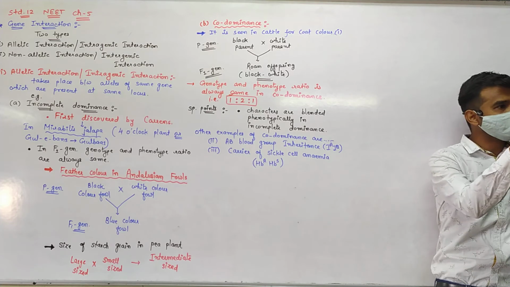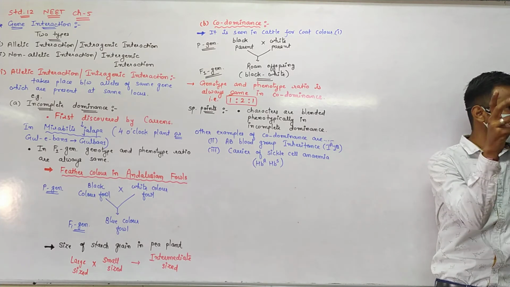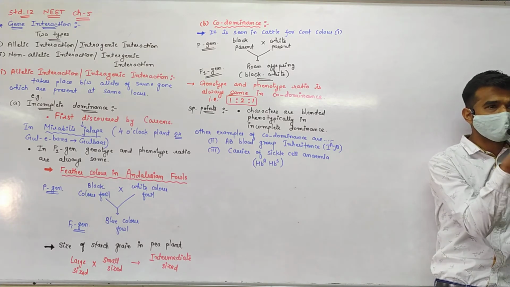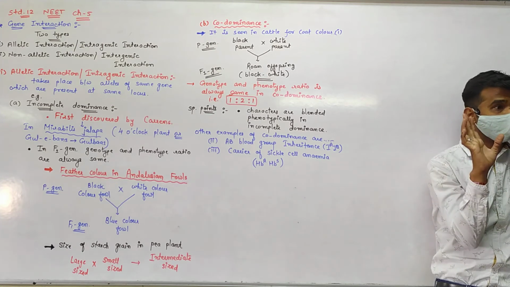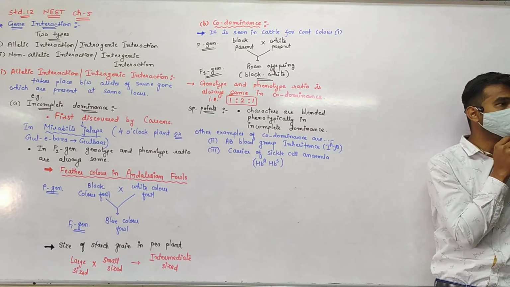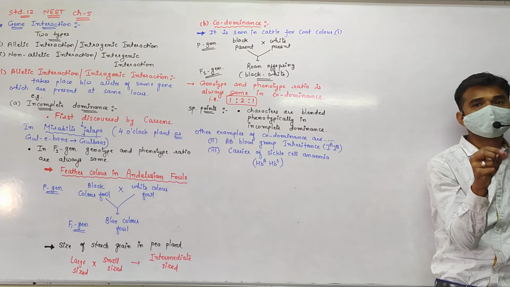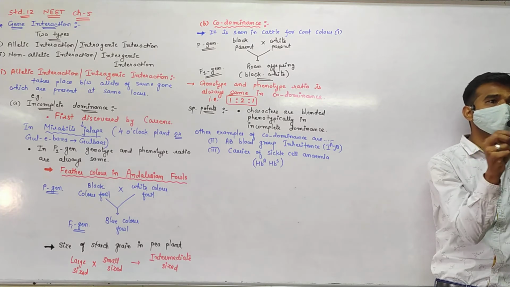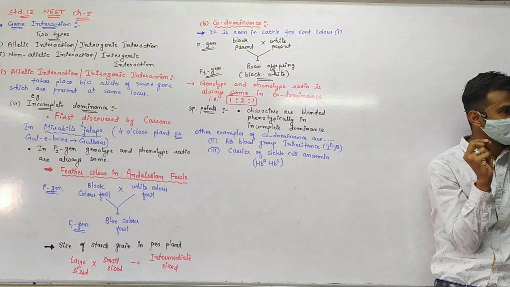And ploidy is divided into two groups, euploidy and aneuploidy. Euploidy is a change in the number of the chromosomes of one pair itself, one pair.